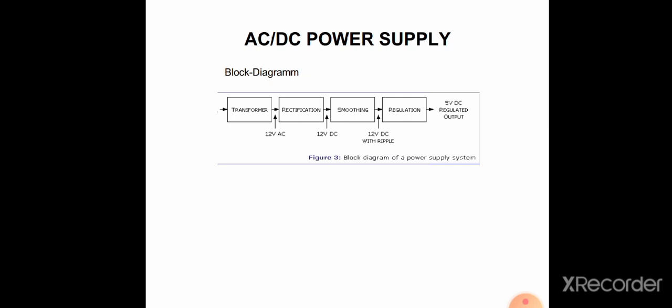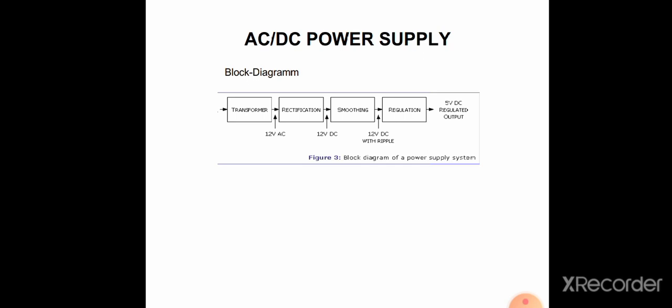Then this is the block diagram of a DC power supply. Initially we have used a transformer. We have seen the use of a transformer. A transformer is used to step down the AC signal, because we don't require that much amount of AC signal which is available to us.